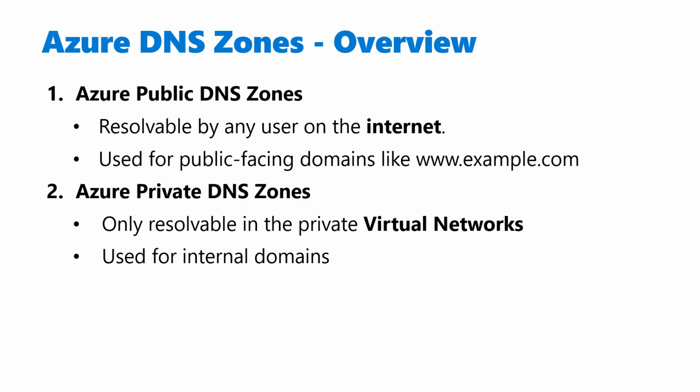Azure public DNS zones, or simply DNS zones, are used for public facing domains, for example, www.example.com. Whereas Azure Private DNS zones are used for private virtual networks, which are resolved only within that specific VNet or the VNets which are linked to that specific VNet. Usually these are meant for internal domains.